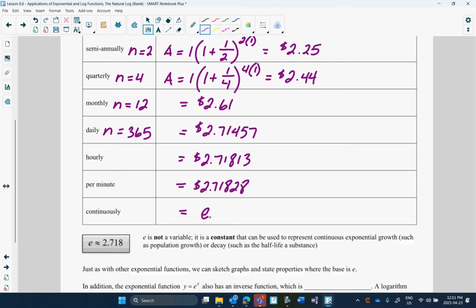Just like we say pi is approximately 3.14, E works out to approximately 2.718. So E is a number: if you grow something continuously at 100%, it will approach E. That's where it comes from.